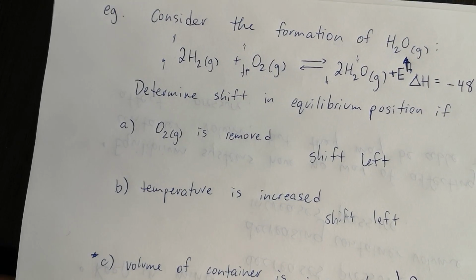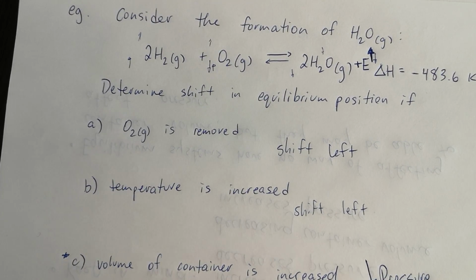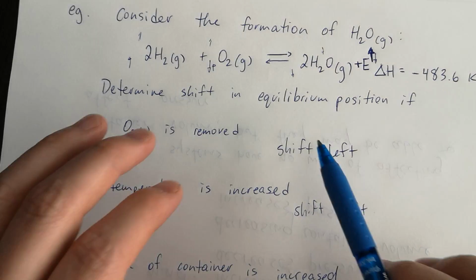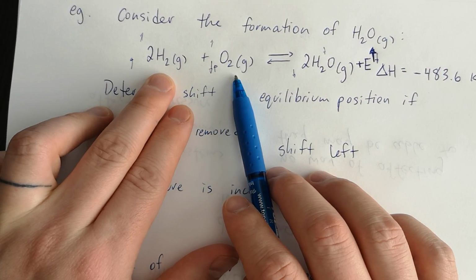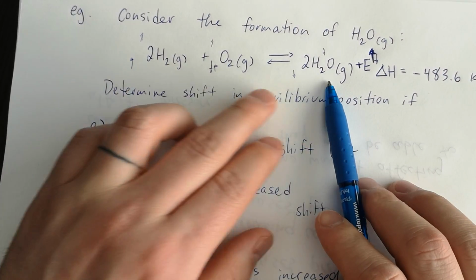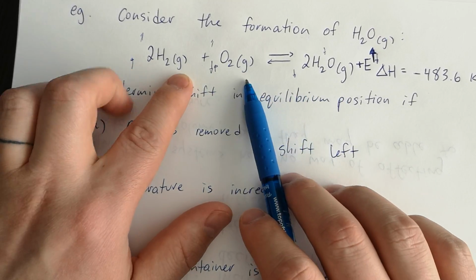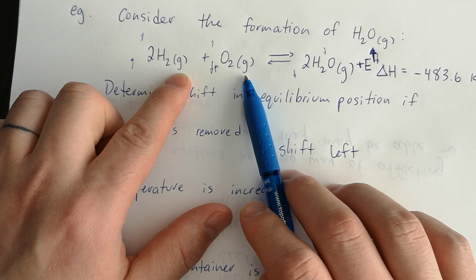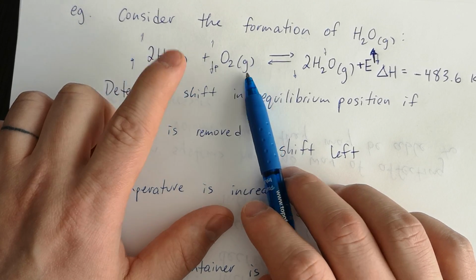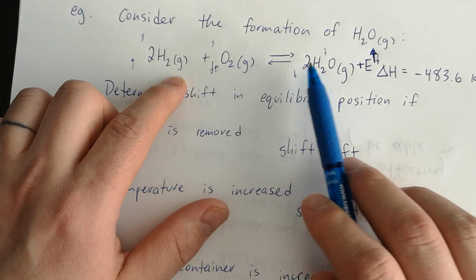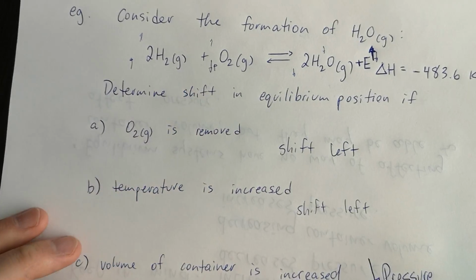Let's look at our system. Here's what you've got to do to figure it out. What matters is how many moles of gas are on each side of the equilibrium system. Only look at gas because it's the only state that fills the volume. We've got 3 moles of gas on the left, 2 moles of gas on the right.